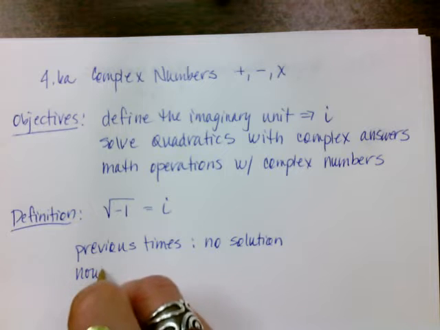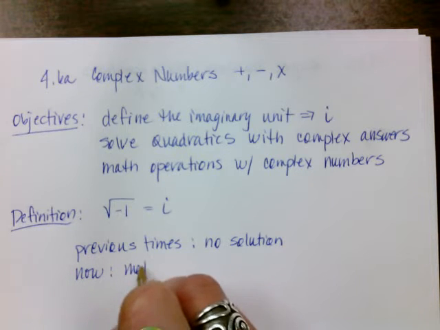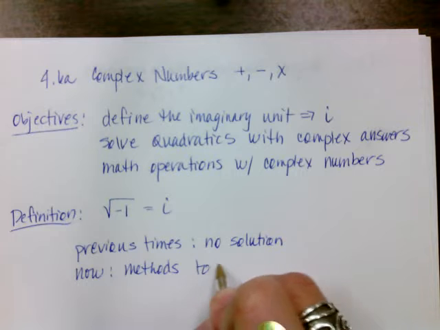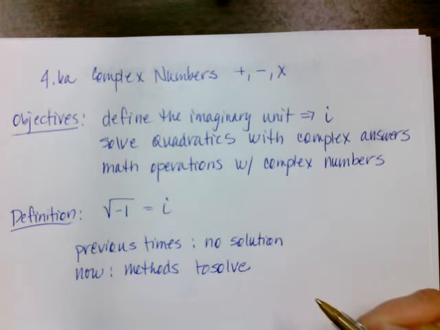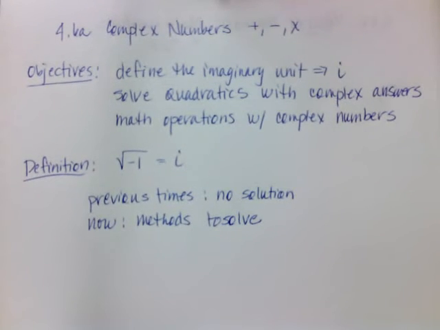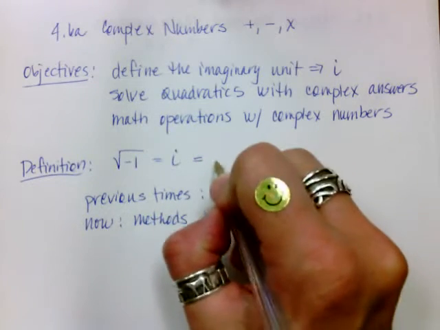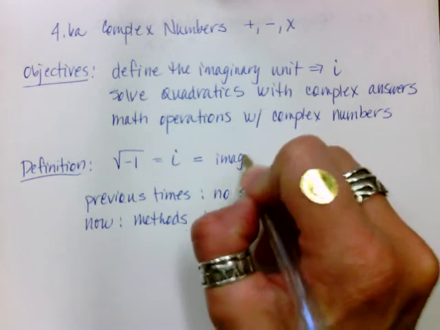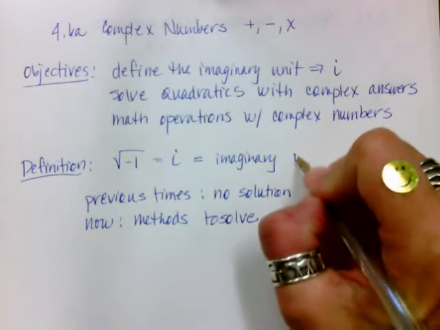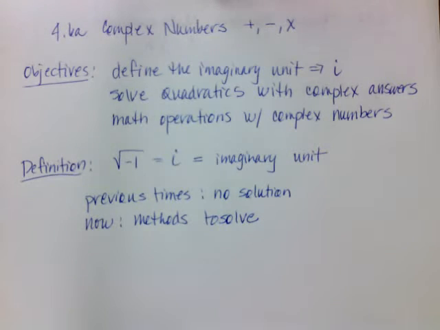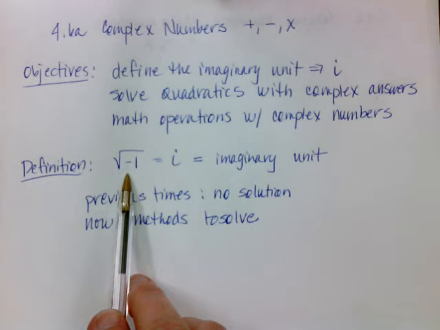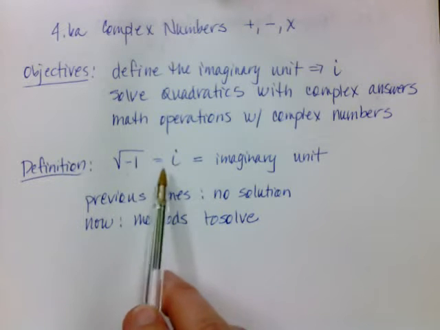So now we do have methods to solve. Okay, so now we can manage our negative underneath the radical. All right, so our i is actually called an imaginary unit. Okay, all right, so we can actually solve a quadratic now, and if I get a negative under the radical, now I can manage that.